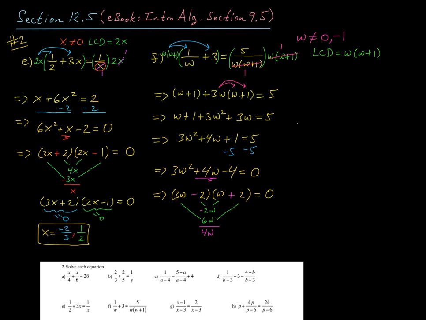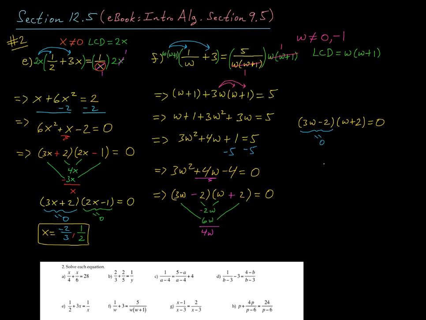Alright, so I'll go ahead and just copy that factorization down over here so it's less cluttered. So we have 3w minus 2 times w plus 2, and that's all equal to 0. So now setting each factor equal to 0 will give us our solution.